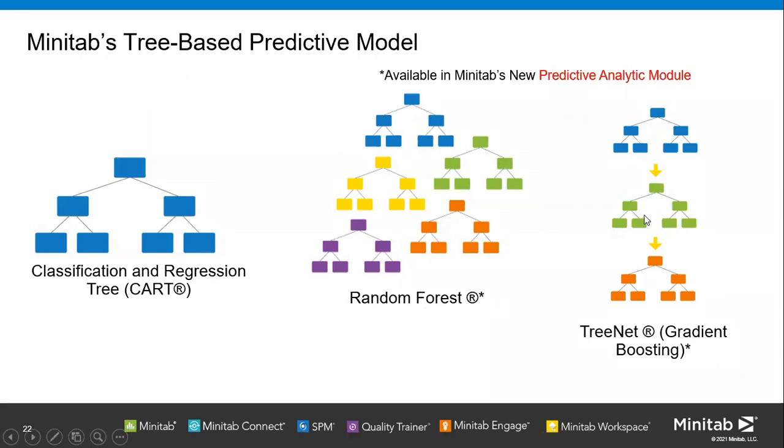And then we have TreeNet. But for random forest and TreeNet, you need an additional fee to subscribe to the predictive analytics module. So we go for CART first, because if you want to know about random forest and TreeNet, you need to rely on CART first before you go for random forest and TreeNet.